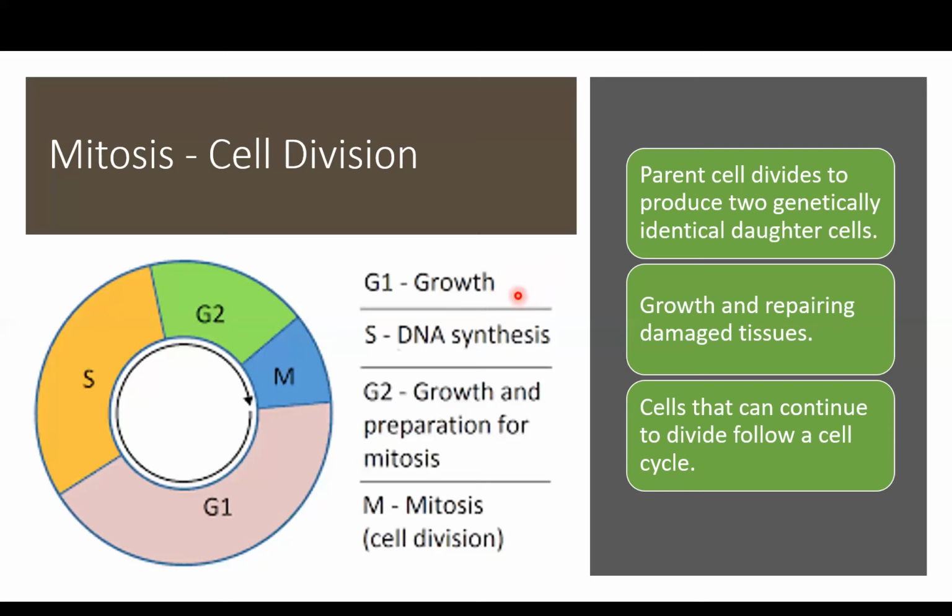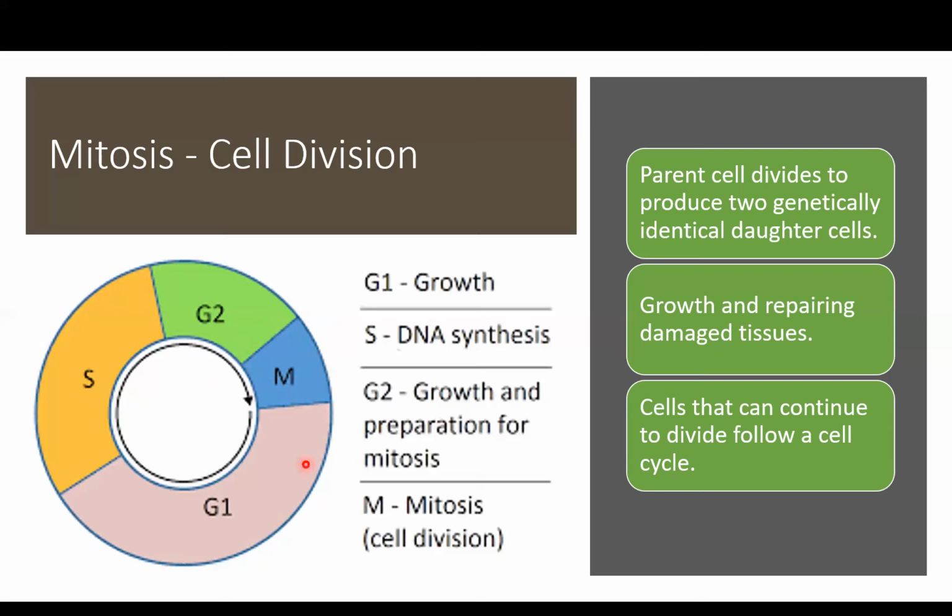And this period of G1, S and G2 is all called interphase. And this is what happens before mitosis. So this is that cell growth, that DNA replication, and then mitosis happens after interphase.